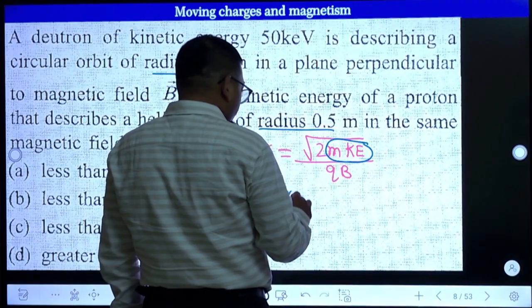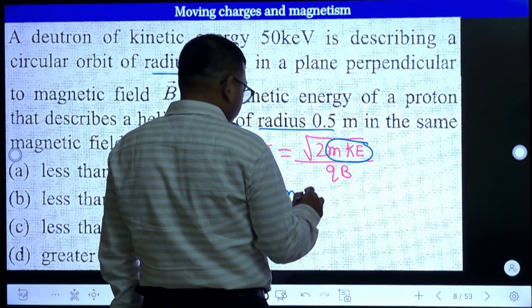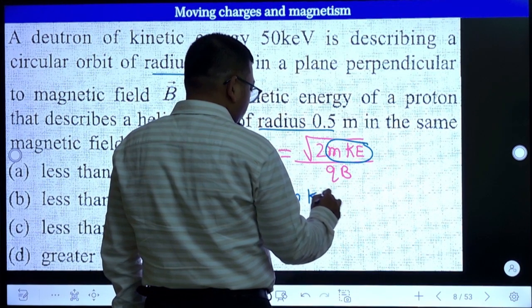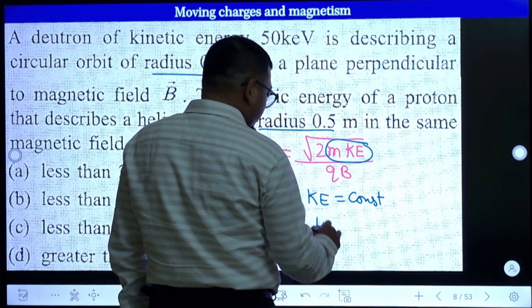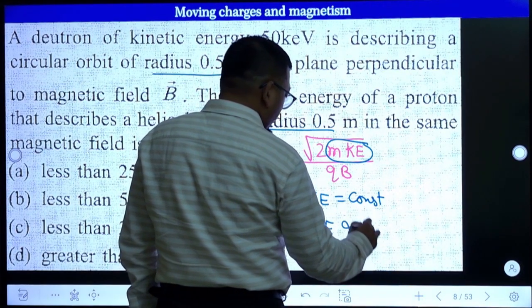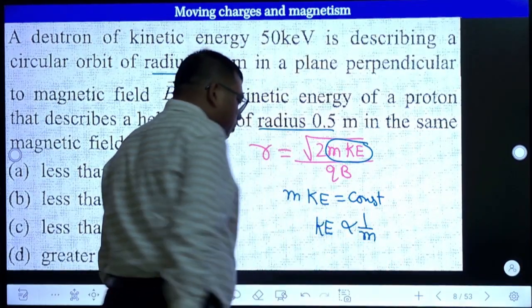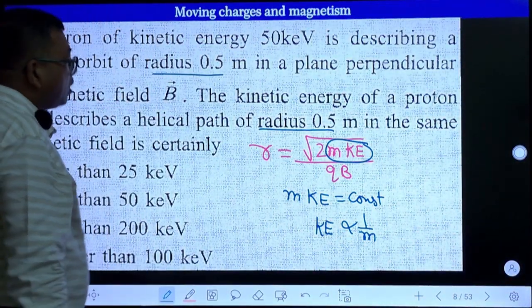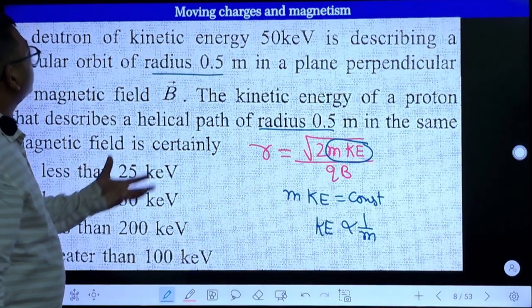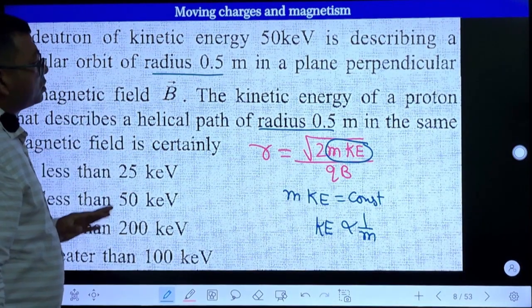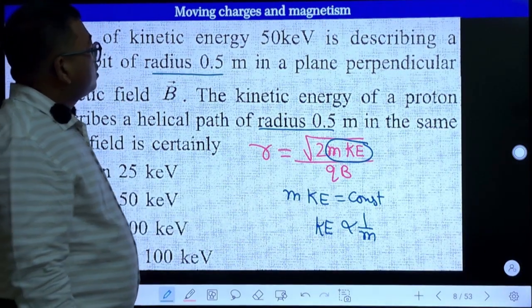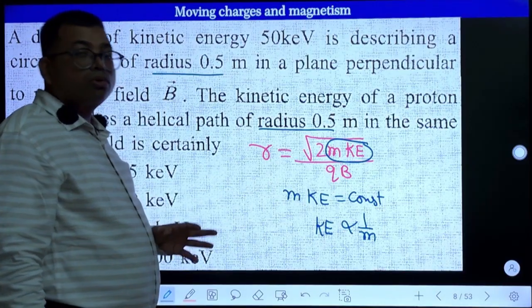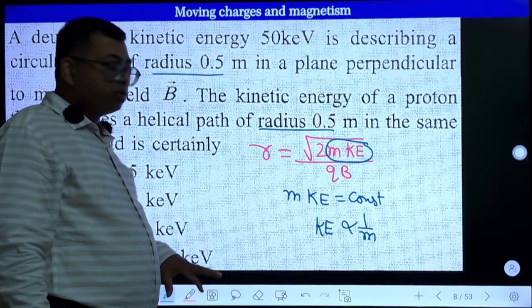So directly we can say that the product of mass and kinetic energy must be constant, right? That means kinetic energy is inversely proportional to mass. Previously it was given for the deuteron, so the deuteron kinetic energy was 50. Now you are taking the proton. Proton mass is half of the deuteron.